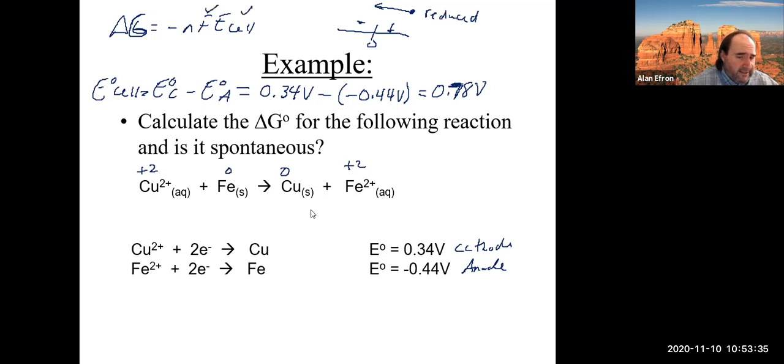Faraday's constant is that 96,500 number. And we do need to figure out n. If we look at this, we can see that we have the same number of electrons in both, so n in this case would equal 2. F equals 96,500 joules per volt per mole.